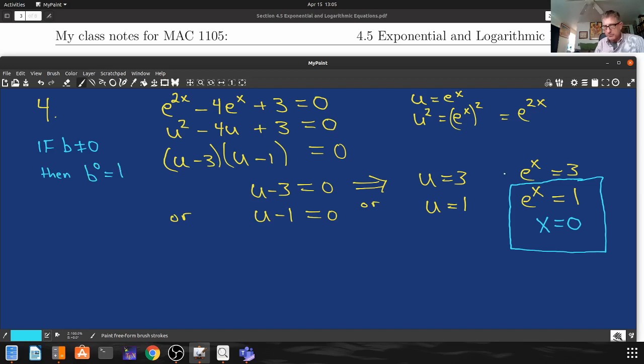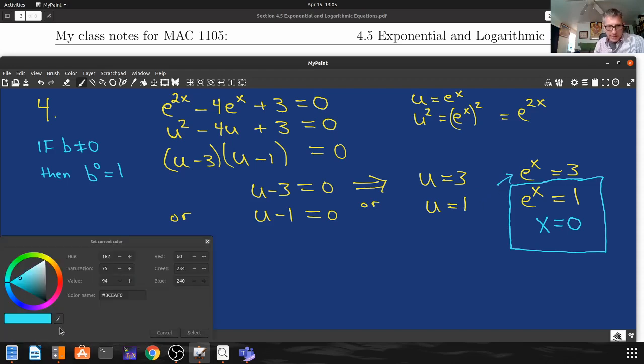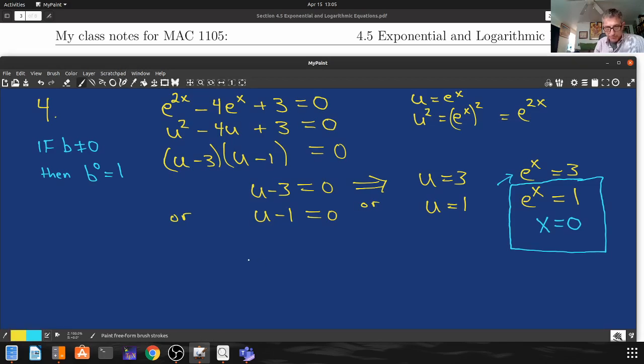So we're going to use another technique to solve e to the x is equal to 3, and it's the exact same technique that we've used before. If e to the x is equal to 3, then the natural log of e to the x is equal to the natural log of 3. That implies x is equal to the natural log of 3.